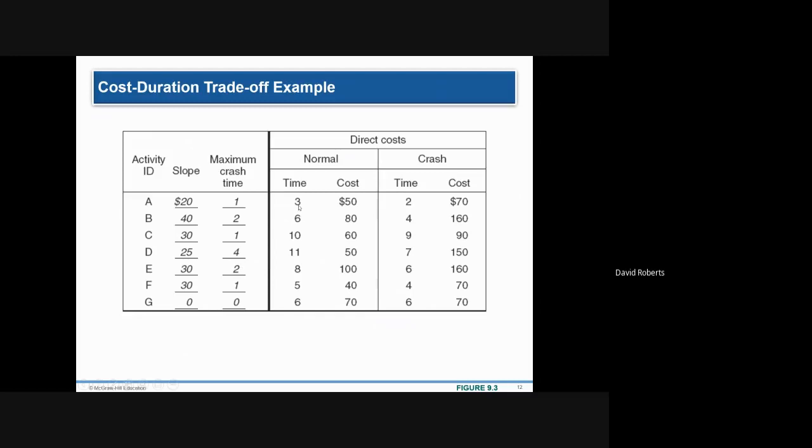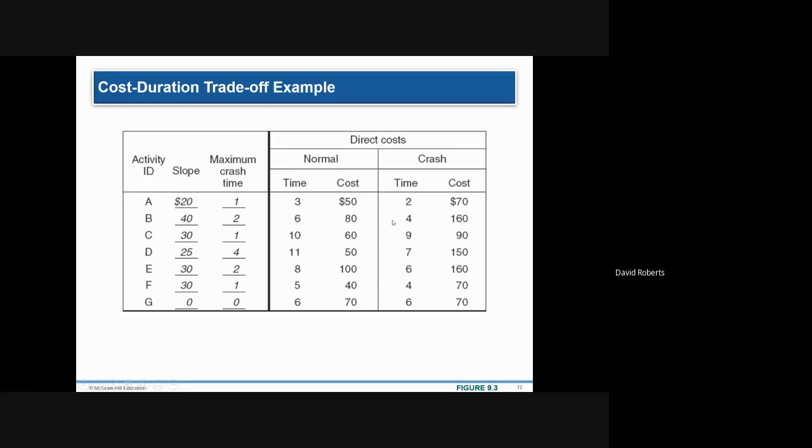Here 3 days is normal, 2 days is the shortest it can be. It costs you an extra $20 to go from 50 to 70. Activity B goes from 6 to 4, so that is a crash time of 2. And the costs go from 80 to 160, so that is 80, and then the 80 divided by 2 gives you the slope of 40.